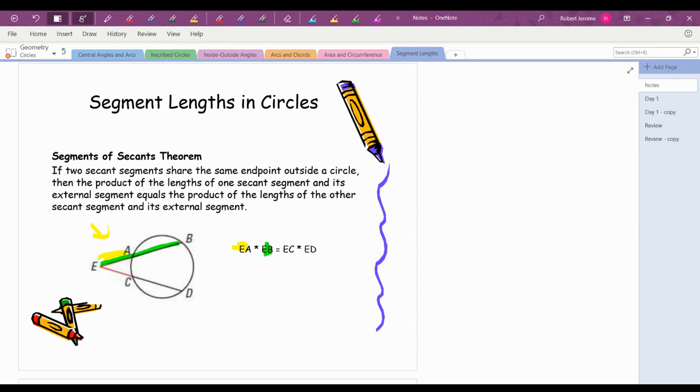And then on the second one, we're going to do EC, the piece on the outside, times ED, the entire thing. So again, I color-coded the picture to the formula. Secant, part on the outside times the whole thing. And then on the other secant, the part on the outside times the whole thing.